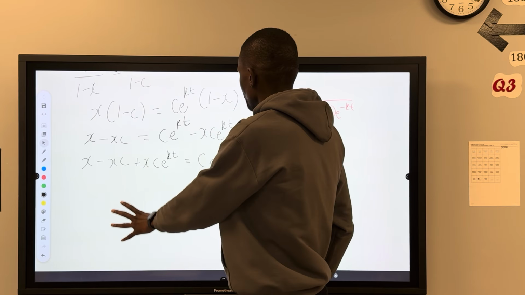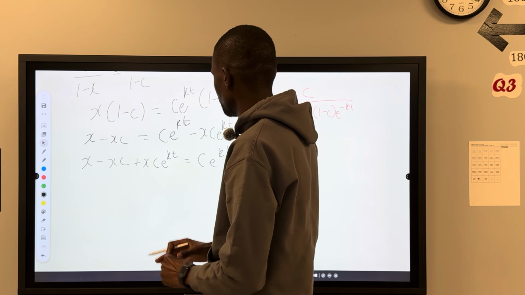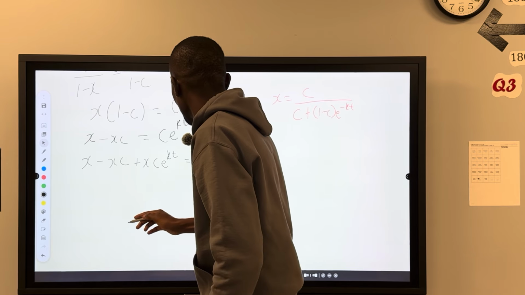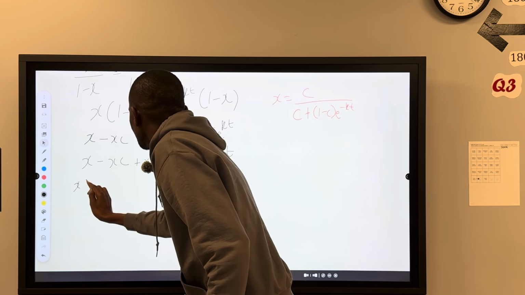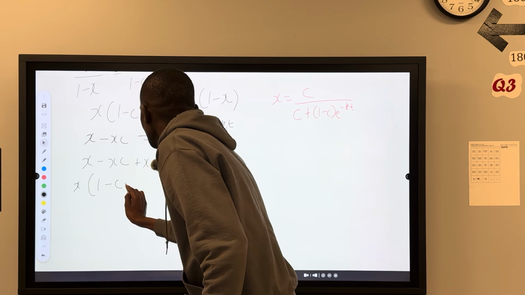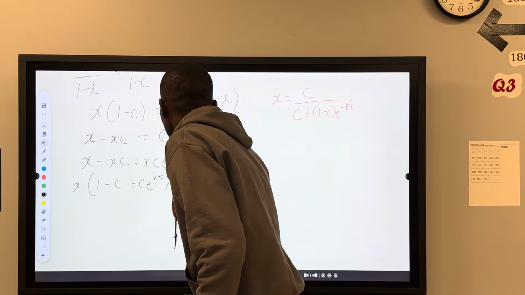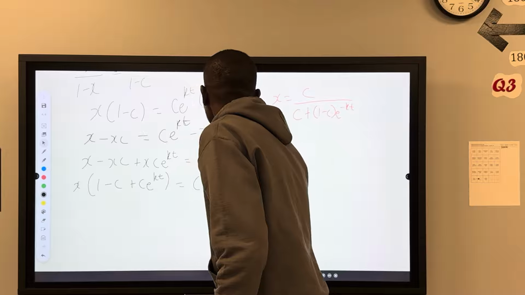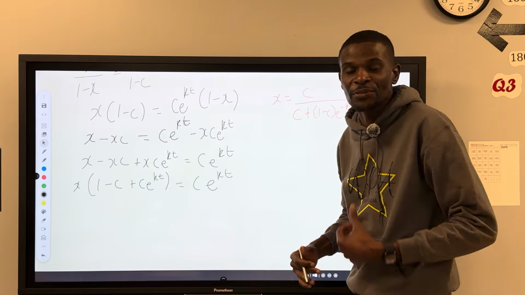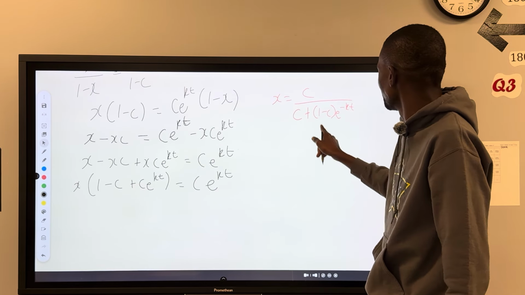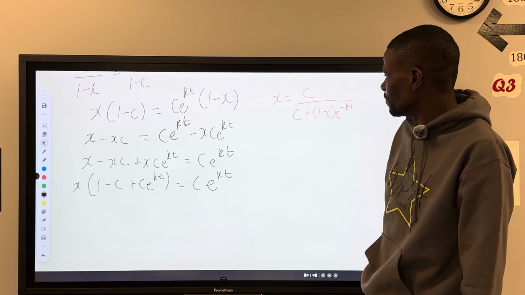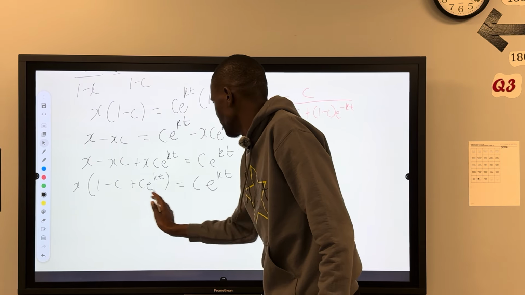Then from here, I am going to take out x. I'll take out x, and I'll have 1 minus c plus c e to the kt is equal to c e to the kt. We are almost there, guys. We are almost there because this is what we need. Then from there, I will divide.